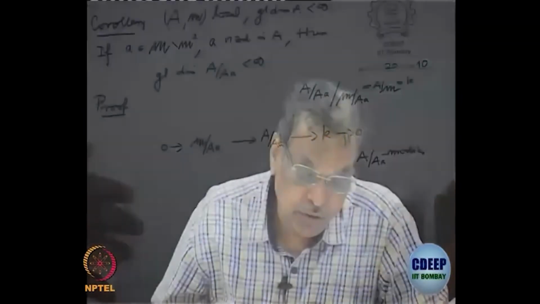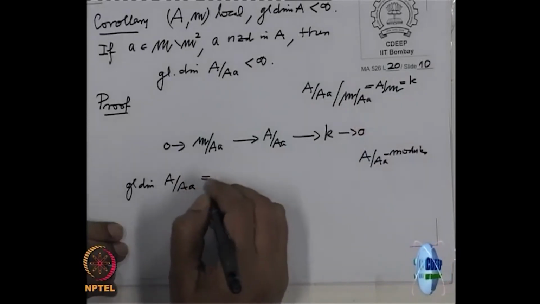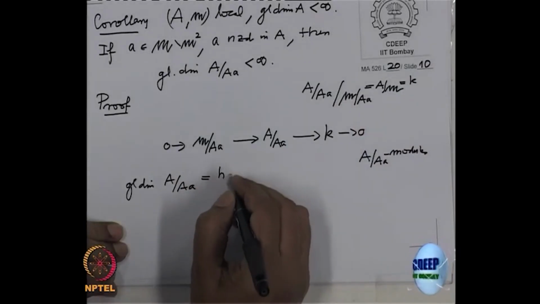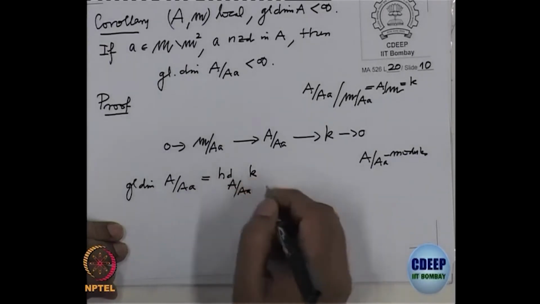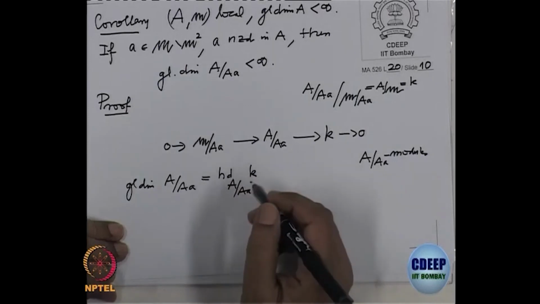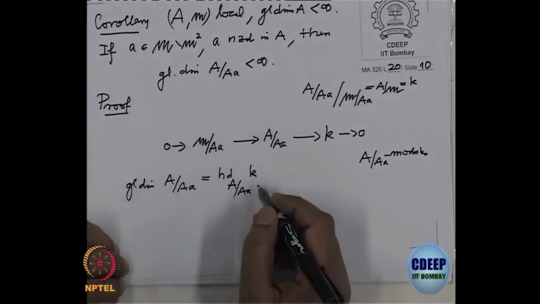Alright. But you remember now, the global dimension of A by aA is the homological dimension as a module over A by aA of the residue field. So, I have to compute this, but we have proved earlier that it is okay.